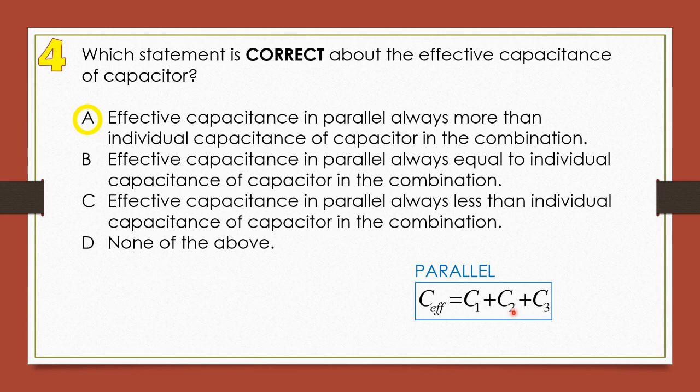So we get the best answer, which is the effective capacitance in parallel is always more than individual capacitance of the capacitor in the combination. If you look at B, this is equal, which is not correct, because when we add, we will get more compared to the capacitor itself.